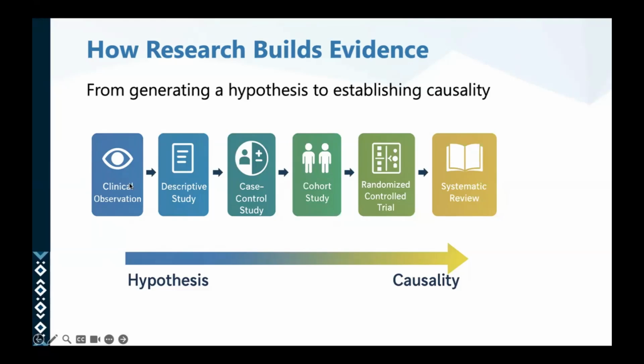So in a clinical observation, imagine you are a doctor in a hospital and you notice that patients who have lung cancer report a history of smoking a lot. That brings to your attention that this is a probable concern. And so you write down a case report or you put together a number of patients in a series, you do a case series, and you report it to raise an alarm.